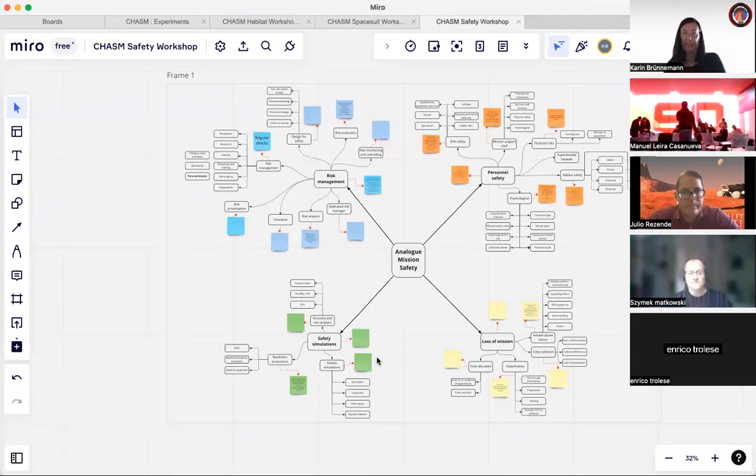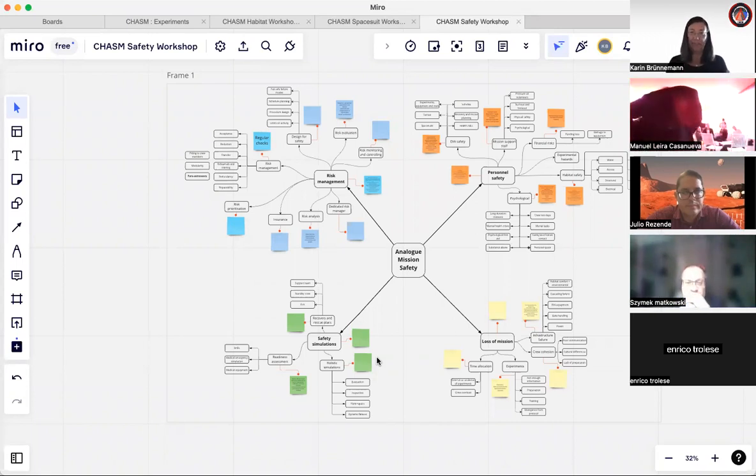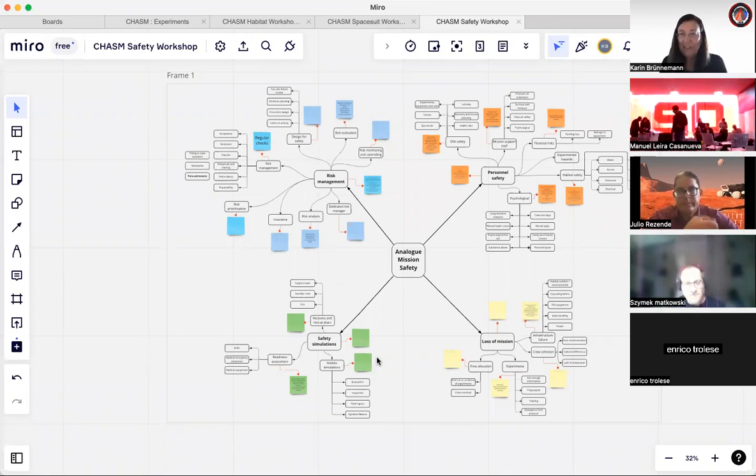So some of the personnel safety has impacts on or is linked to safety simulations and to risk management and to loss of mission, etc. One of the topics that was a thread throughout the discussion was that we need to have proper analog astronaut selection in terms of physical fitness, in terms of psychological fitness, but also in terms of experience when it comes to running the experiments during the mission.